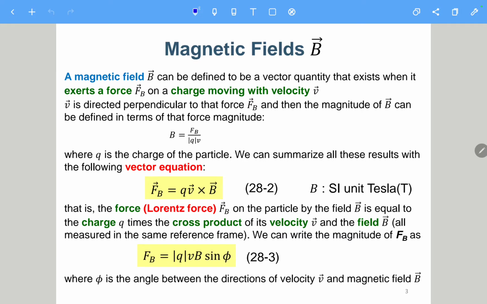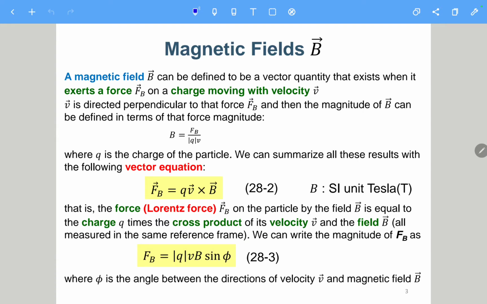And in chapter 30, things become more complicated: if there is some changing magnetic flux, for a coil for example, it will generate an E field.